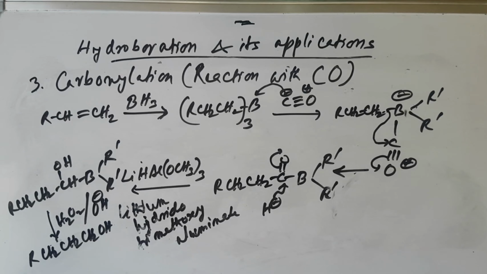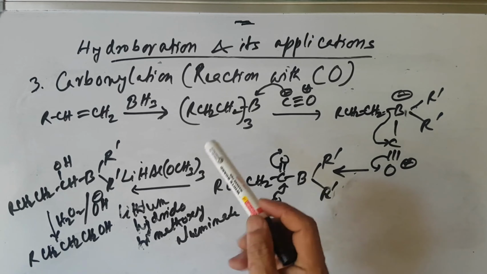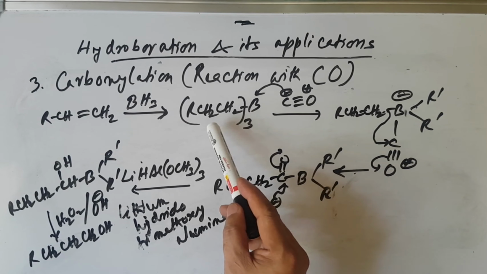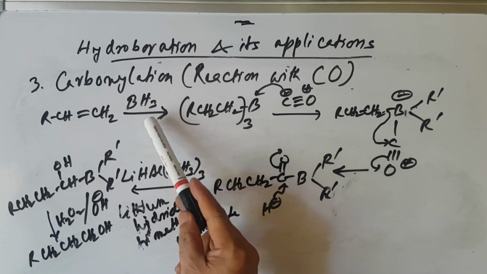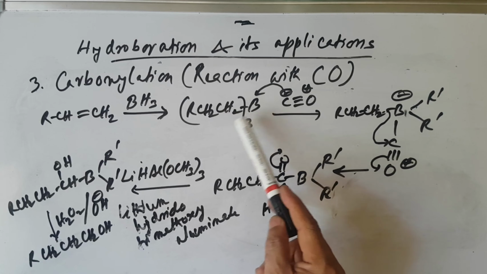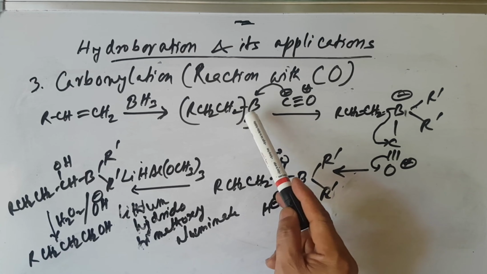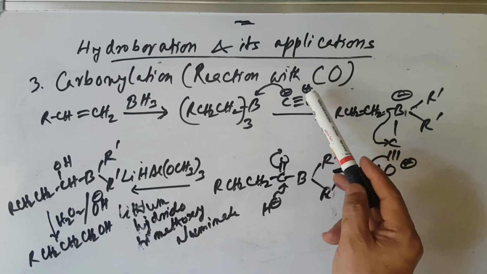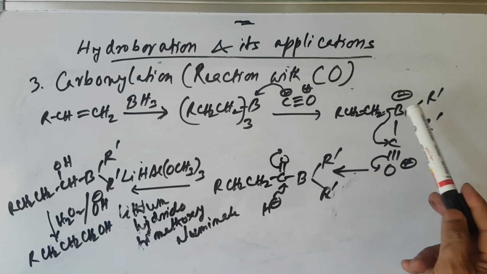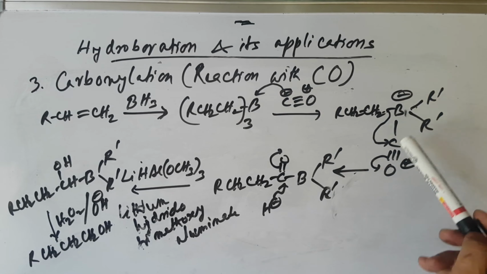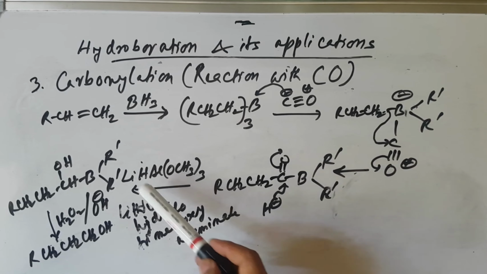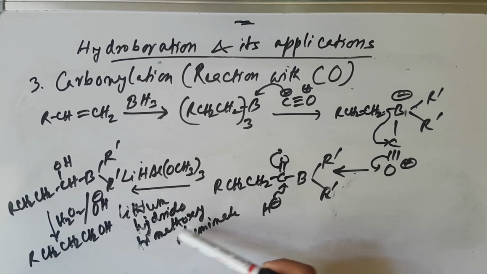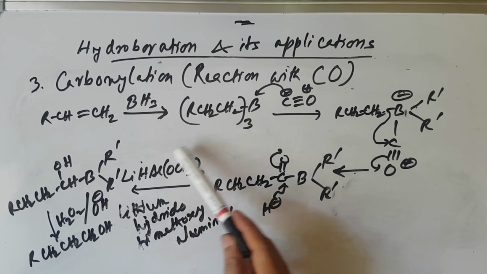So I'm repeating again this mechanism as well as reactions. First is the hydroboration product, forming trialkyl borane by reacting the alkene with borane. This trialkyl borane can undergo carbonylation by reacting with carbon monoxide. So carbon monoxide attacks the boron. So you get this negative charge here. Then migration takes place to give this carbon group. Then lithium hydrido trimethoxyaluminate, so hydride transfer takes place.